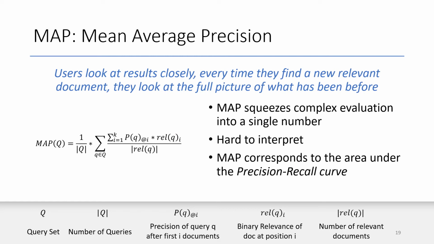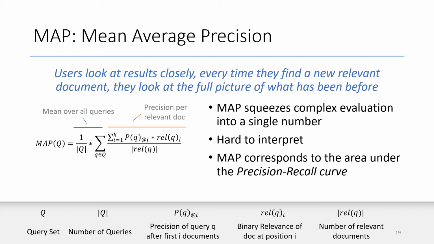The mean average precision is a much more complex evaluation measure. So here we assume that users look at the results very closely. So every time they find a new relevant document, they look at the full picture of what has been before. In the formula, we again start with a mean over all queries in our query set.